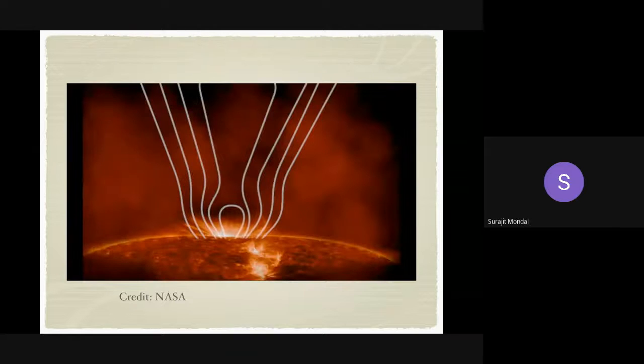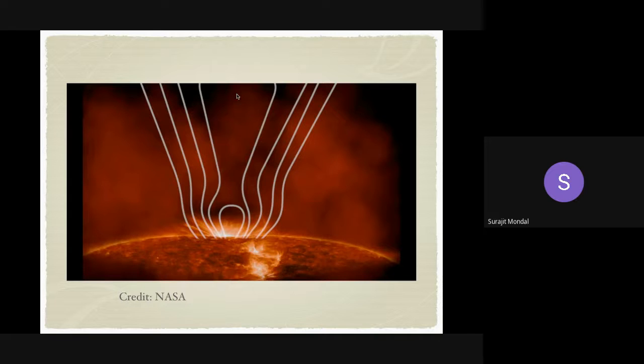Now I will show you a small video which can explain this in slightly better detail. So you will see that these are two oppositely directed magnetic field lines. The reconnection will happen at this juncture, and you also see the newly produced field line will move up along this direction.